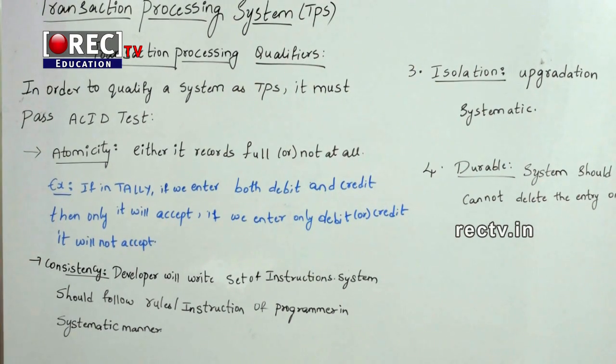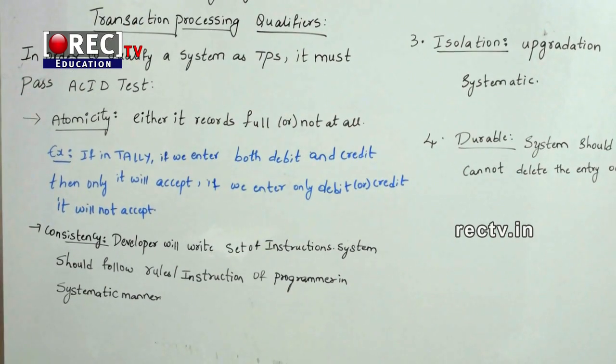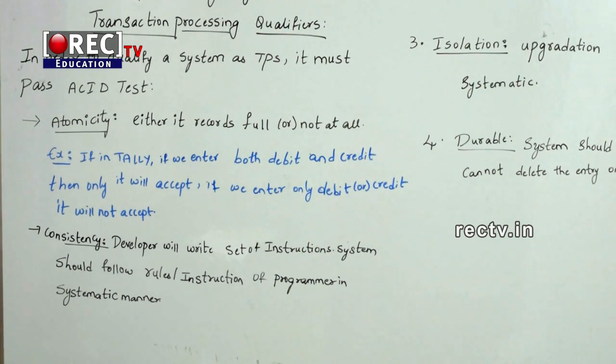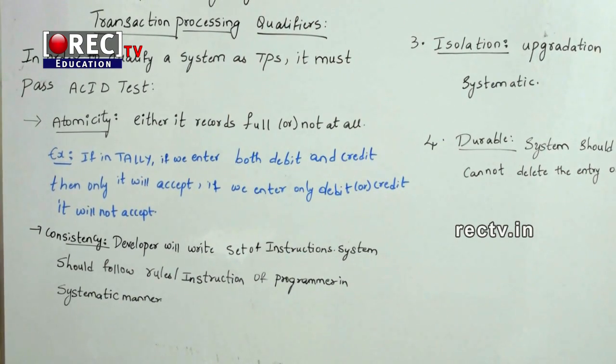Consistency. Consistency means the developer writes a set of instructions on a system and the system should follow the rules or instructions of the programmer in a systematic manner. If any system follows the rules and regulations written by a developer, then it is nothing but a TPS system.